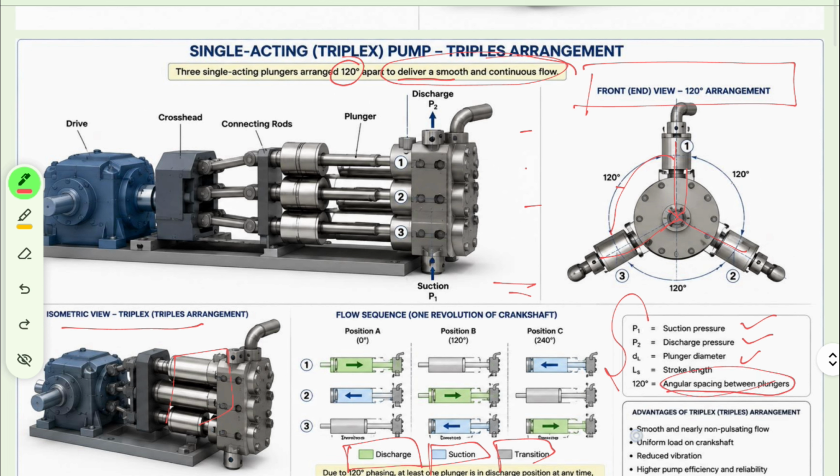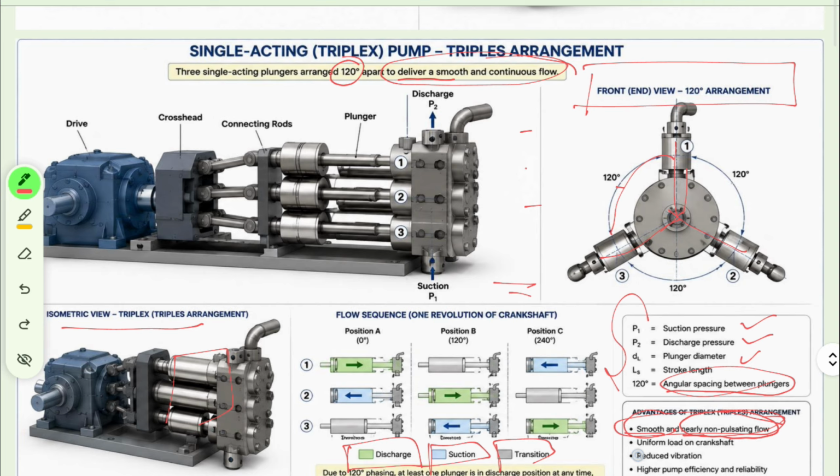If you talk about the advantages, a smooth and nearly non fluctuating flow. This is the most important thing to understand: when we want continuous discharge of the fluid, in that particular case we use a triplex pump, right? Because of smooth and nearly non fluctuating flow.